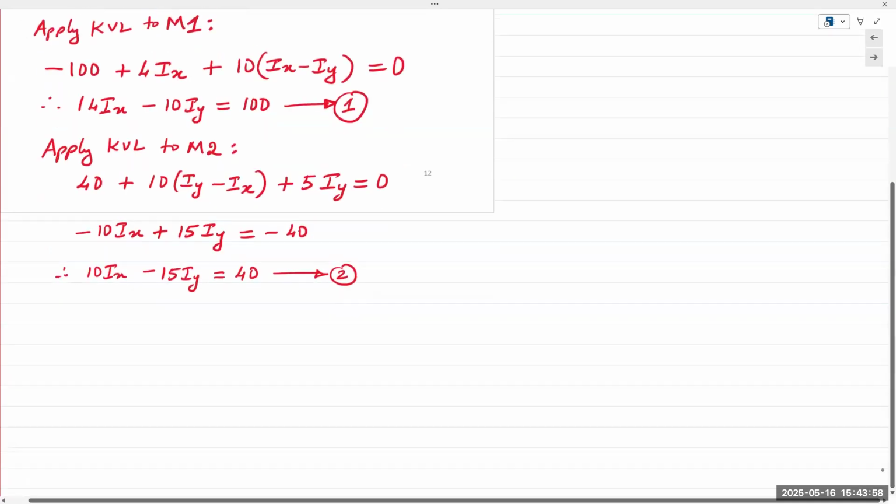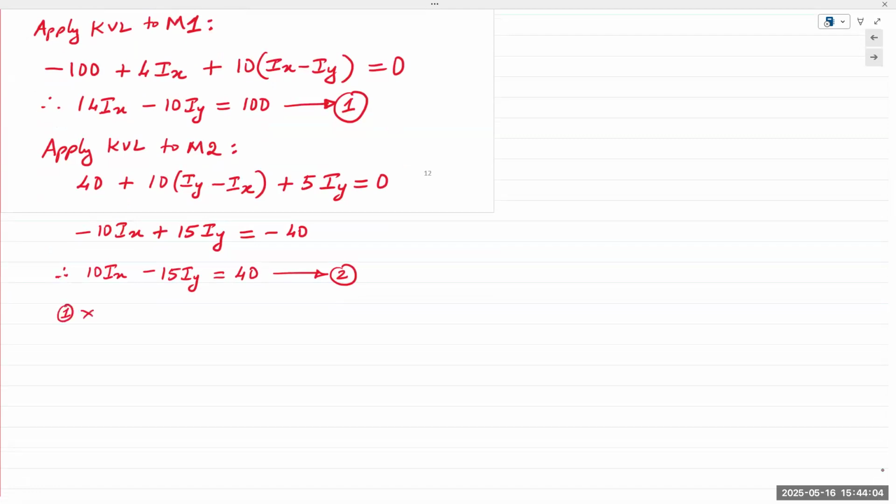Solve this, let me know what the answer is. If I take equation number 1, multiply it by 1.5, what do I obtain? Right, 21 times IX minus 15 times IY is equal to 150.